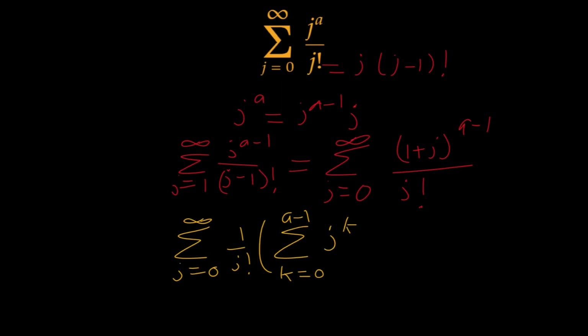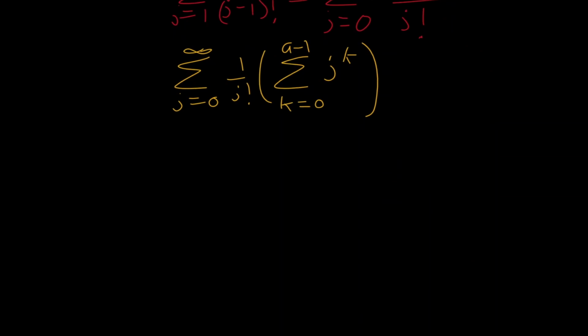But that right there is our sum now. And rearranging, let me scroll down. Rearranging, we find that this is the sum from k equals 0 to, sorry, not to infinity, pardon me, a minus 1.